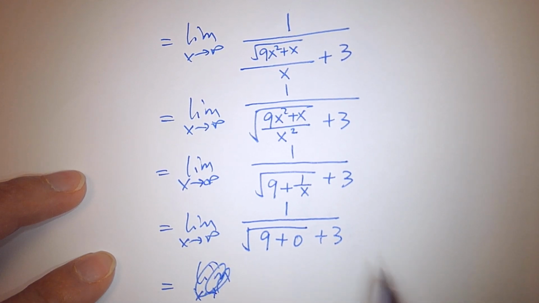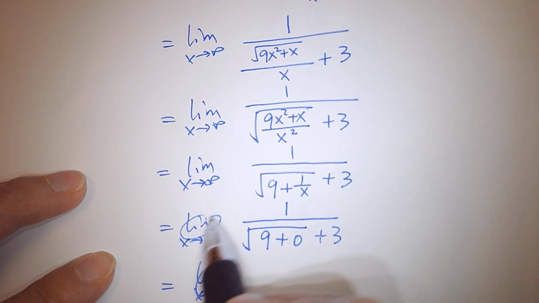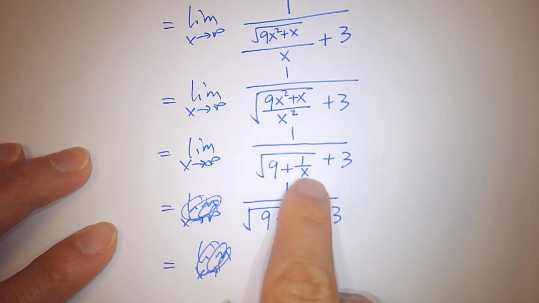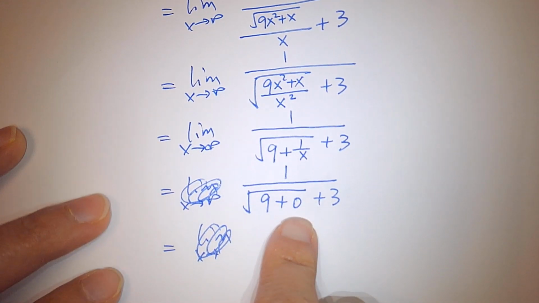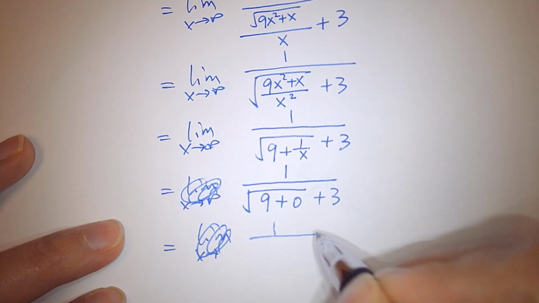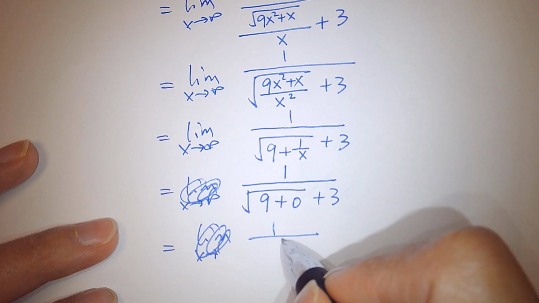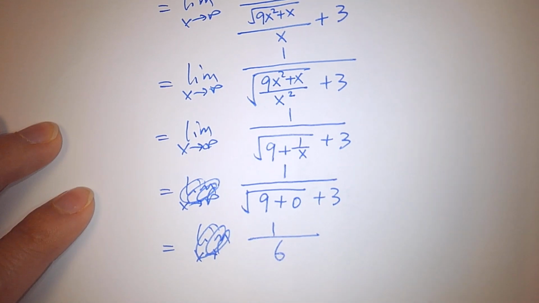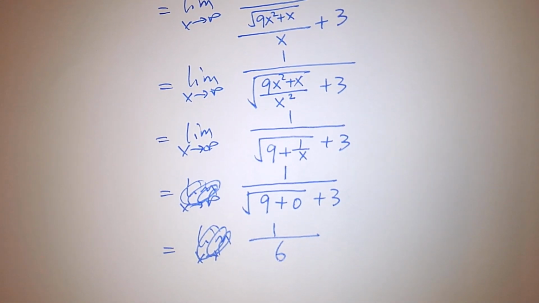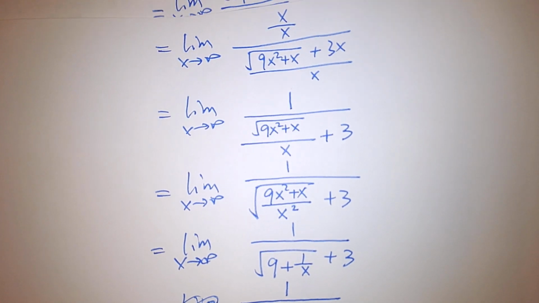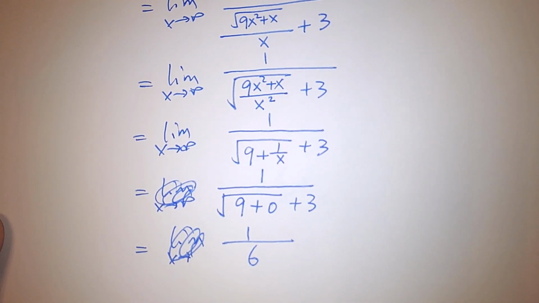So there's no limit anymore because there's no x anymore. So eventually we should have what? 1 over, what's square root of 9? 3, plus 3 is what? 6. It's a long question. So does that demonstrate that there isn't a horizontal asymptote?